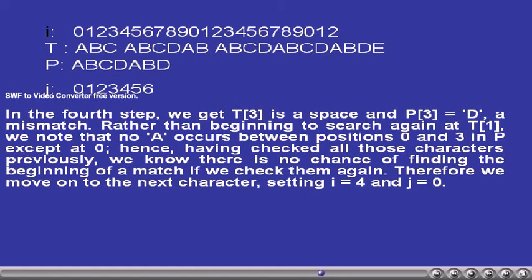That is the reason why we need not check starting from I equal to 1 and I equal to 2. Even I equal to 3 is not required. Why? They are not the same as P0. Definitely the string will not be there starting from those values of I, that is I equal to 1, 2 and 3. Thus, the search can be continued from I equal to 4, setting the J value as 0.